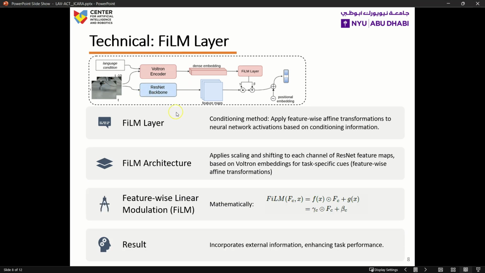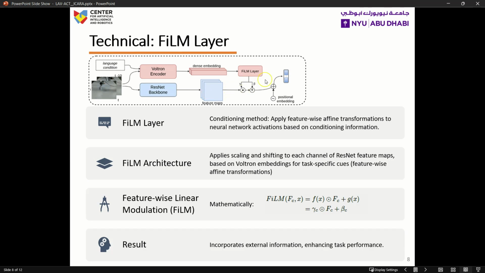We then incorporate FiLM, feature-wise linear modulation, which is a powerful conditioning method that dynamically adjusts the feature maps based on external information, which for us is the dense embedding from the Voltron encoder. The FiLM layer applies a feature-wise affine transformation to neural network activations, which for us are the ResNet feature map.